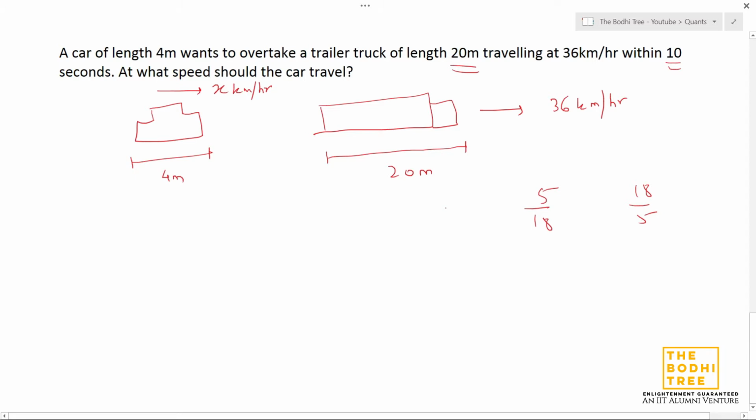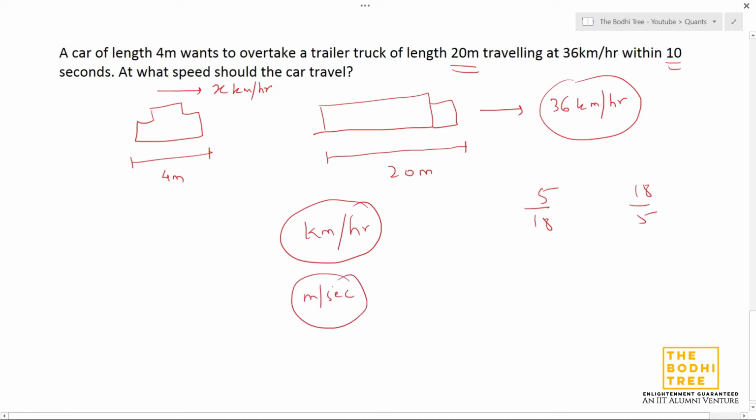Kilometers per hour is a larger unit than meters per second, since meters and seconds are individually smaller than kilometers and hours, so we multiply by a fraction less than 1. Similarly, going from meters per second to kilometers per hour, we need a larger number, so we multiply by a fraction greater than 1.